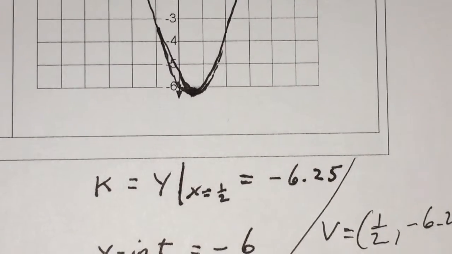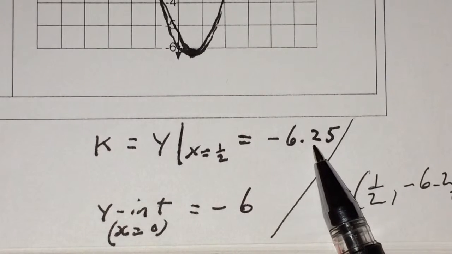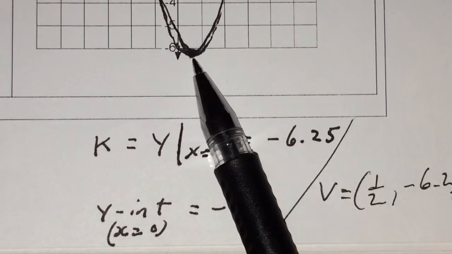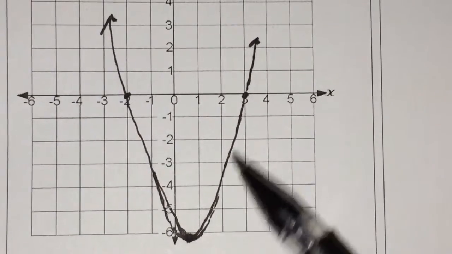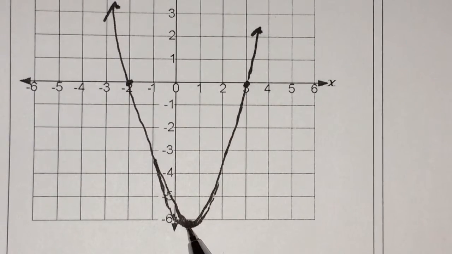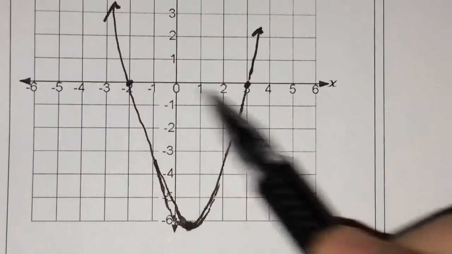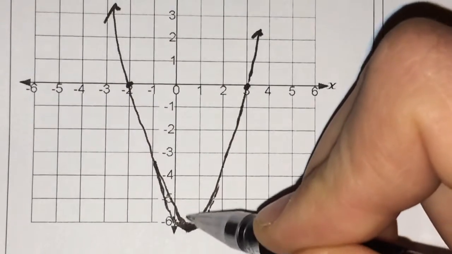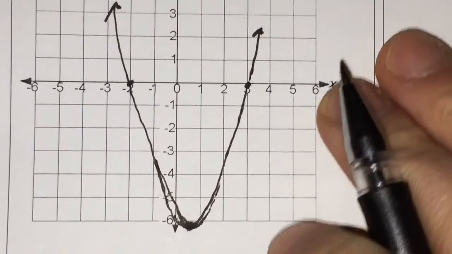So the y-intercept is negative 6, and the vertex goes down to negative 6.25, so not much lower. The vertex is at (1/2, negative 6.25). So this is what the graph would look like. That low point is at negative 6.25, it goes through the y-axis at negative 6, with x-intercepts negative 2 and 3. The axis of symmetry is x equal to 1/2.